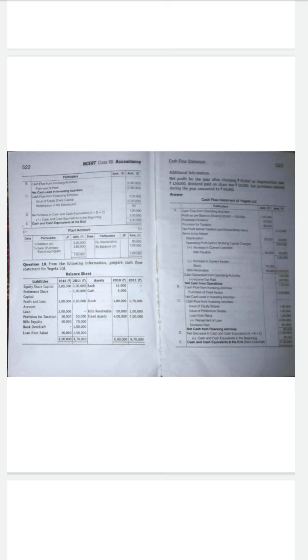See, in the balance sheet, loan from Rahul, opening balance is 20,000 and in 2011 it is 1,50,000. So how much amount is newly provided by Rahul? Comparing to last year, there is a new loan provided by Rahul. 1,30,000 is the new amount of loan.